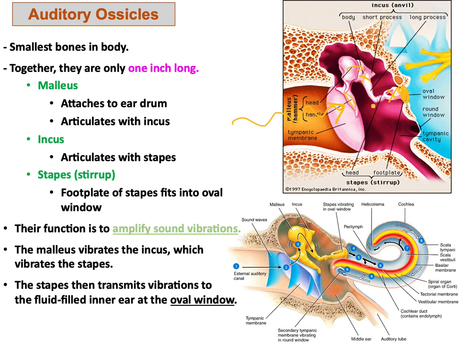So the malleus vibrates the incus, the incus vibrates the stapes, and then the stapes transmits the vibrations into the fluid of the inner ear at the oval window. So you can follow these steps all the way until you reach the oval window. Then they vibrate the fluid inside the scala vestibuli. We will talk about it.